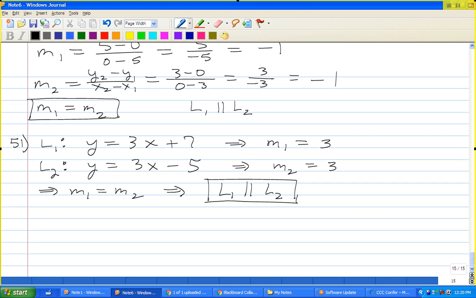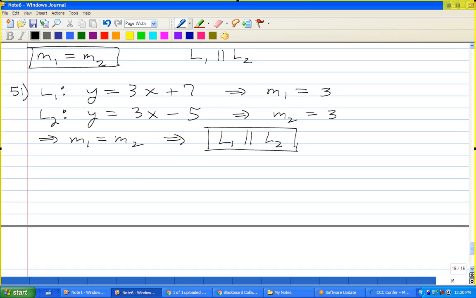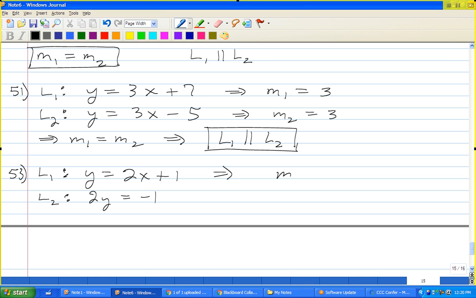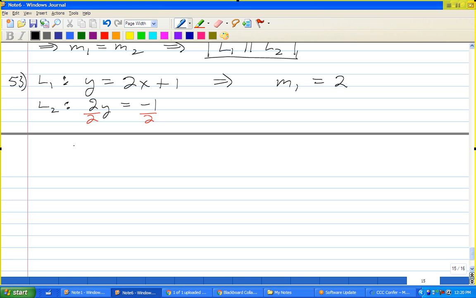Let me do 53. Let's call this L1, L2. y equals 2x plus 1, 2y equals negative 1. Well, the slope of this first line is 2. To find the slope of the second line, divide by 2. So you get y equals negative 1/2.